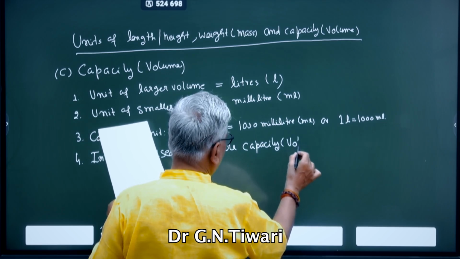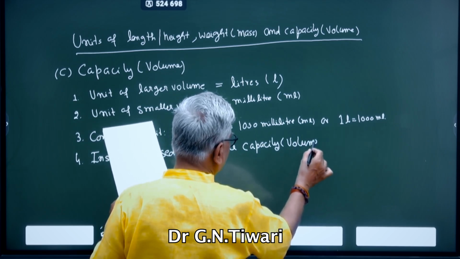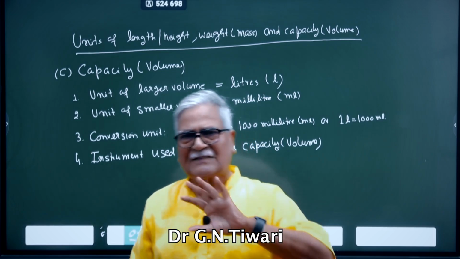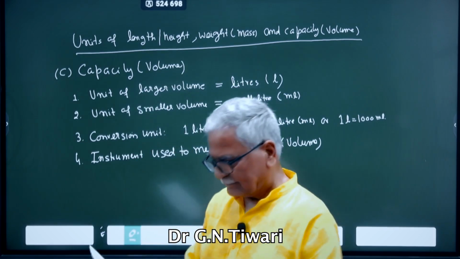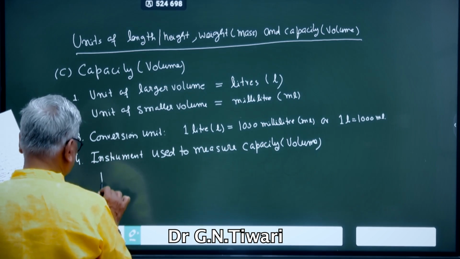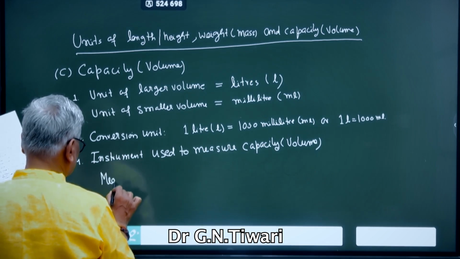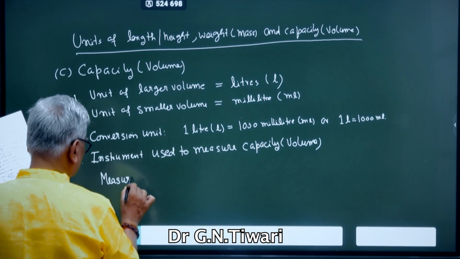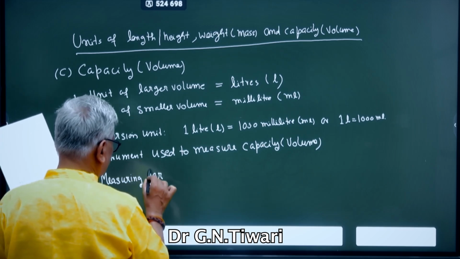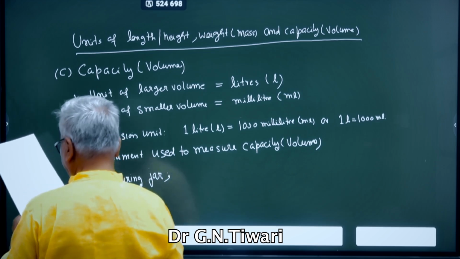I have used both terms many times, sometimes volume, sometimes capacity, so they should know these two words are the same. Now see, measuring jar. They might not have seen it, but it is one of the instruments.